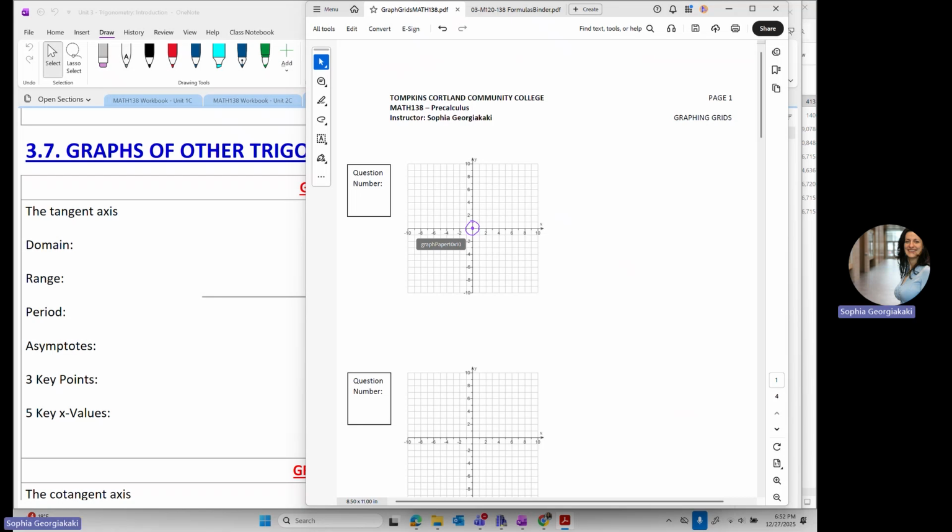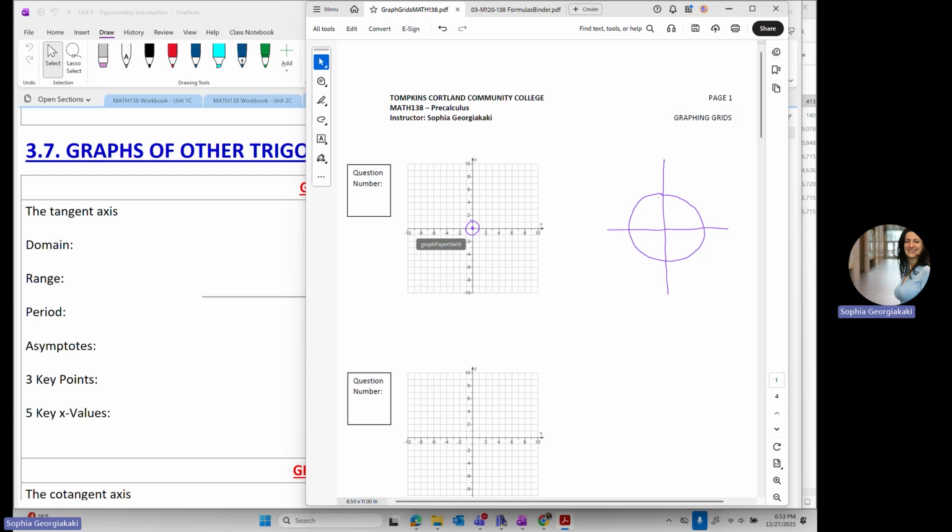The reason that we end up enlarging it is that we want to do a lot of work inside that 2x2 square, so we make it really large, and then the two axes are showing in the middle of the circle. So this is the enlarged unit circle.